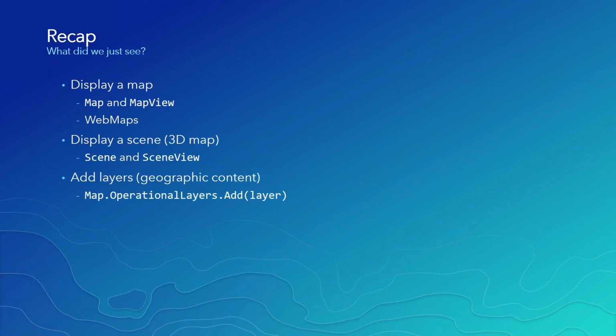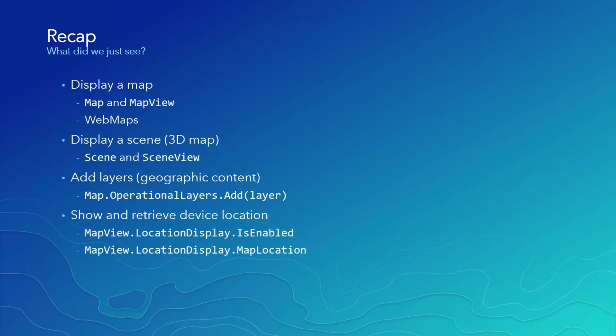Then we saw how after we have a map initialized, we can still add additional layers of geographic content to that map simply by manipulating the map's layers collections. And then we also saw how we can get a hold of the device or user's location and show that on the map, as well as get access to that and use it as input to other operations.